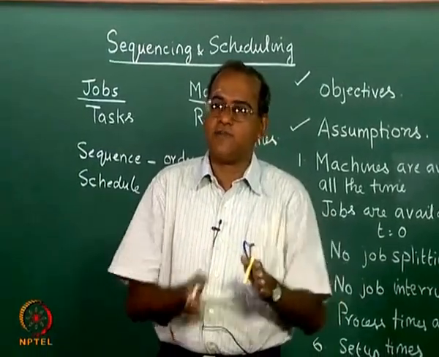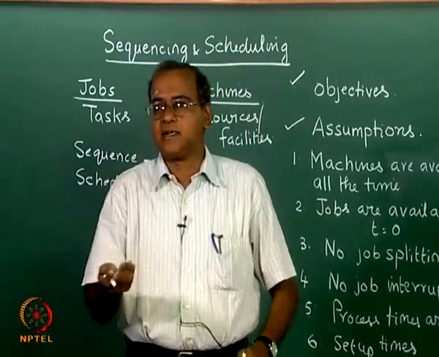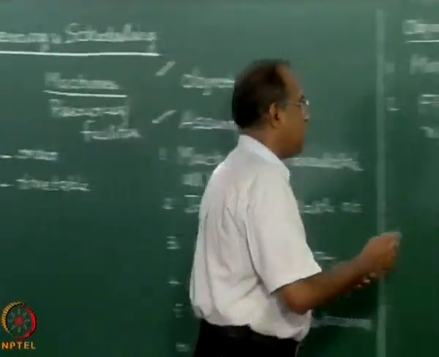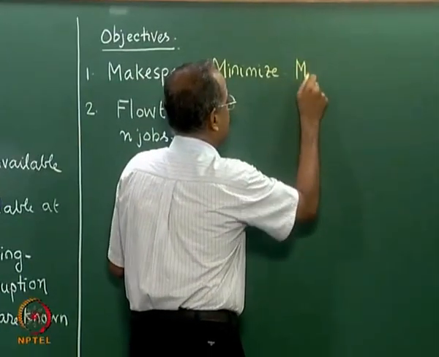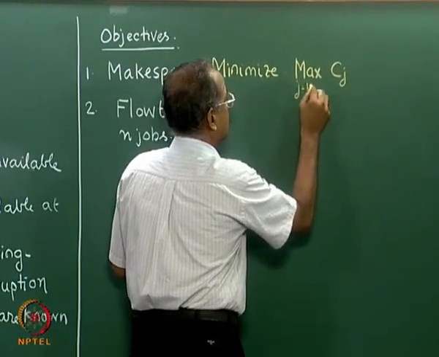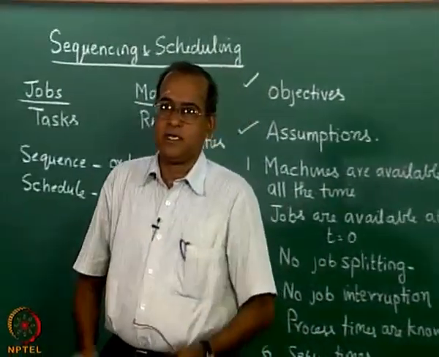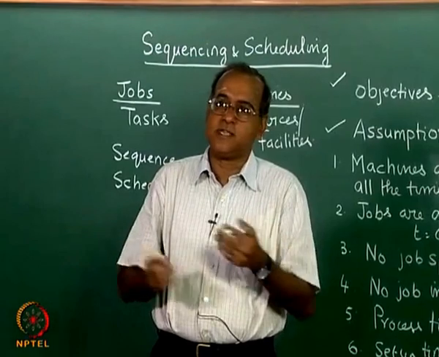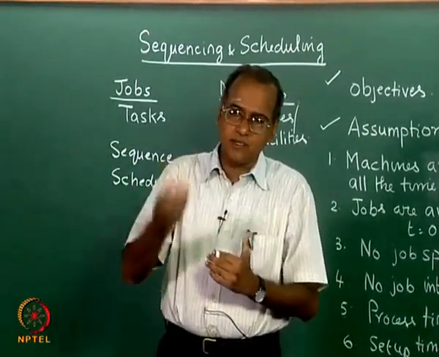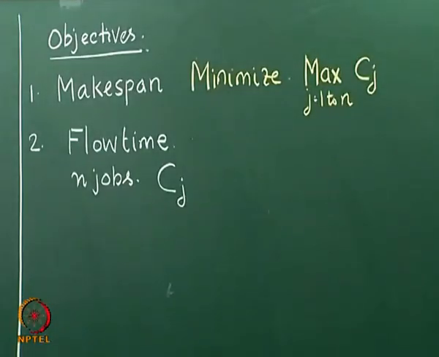So, the maximum of C1 to C10, or C1 to Cn in general, indicates the makespan, and we want to minimize the makespan, which is essentially to minimize the maximum of Cj, j equal to 1 to n. There are n jobs, each is going to have a completion time. So, Cj is the completion time of the jth job, the maximum of the completion times is the makespan, and we want to minimize the maximum of Cj.